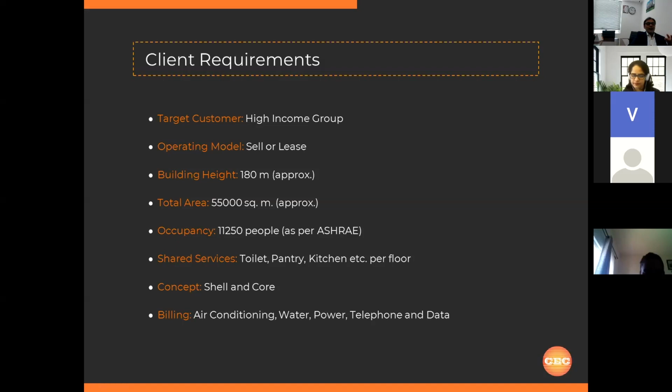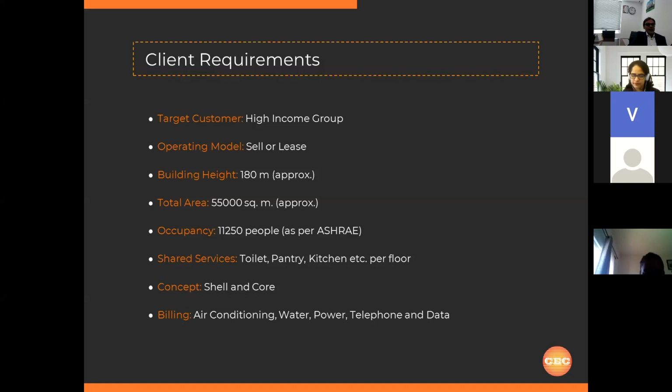This matters for billing, because in lease mode, the tenant is paying for the premises lease, and all common utilities like elevators, corridor air conditioning, and FMC maintenance are loaded on the rentals. So what that component is has to be evaluated and notified to the building operators, so that the lease of the space is decided accordingly.